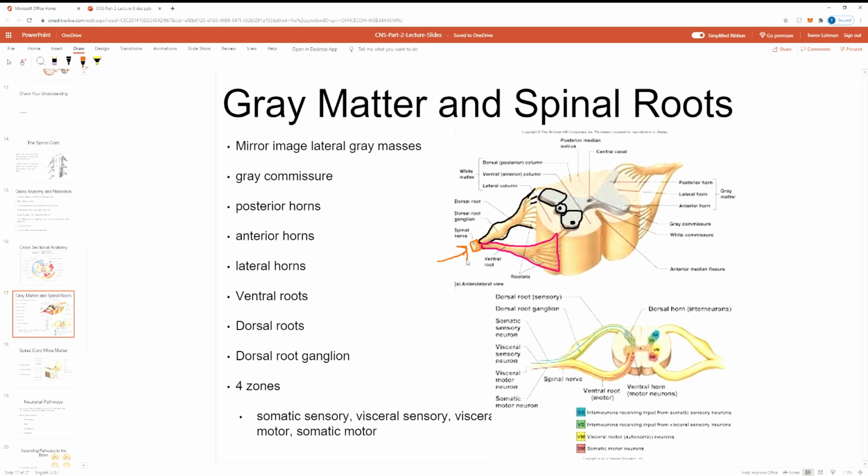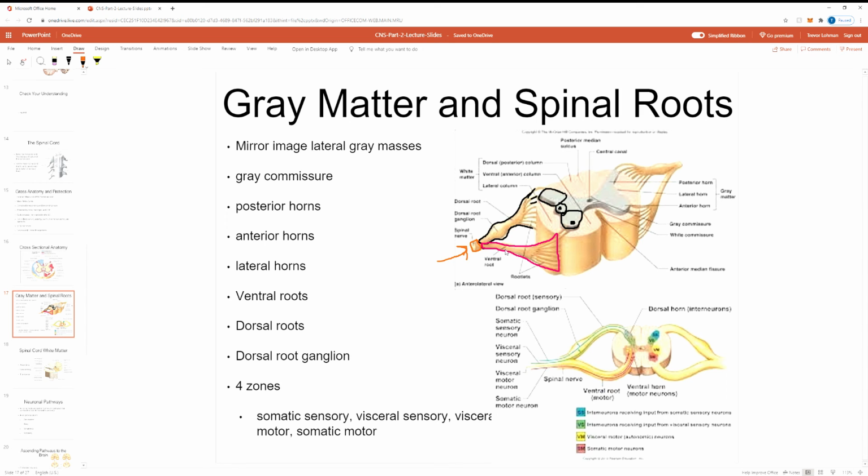So try to keep that separate. Those are all technically correct terms, everything I just said. So you can call this spinal nerve or nerve root in lab when we talk about the brachial plexus. These two are always called roots, though. So anterior root, posterior root, or ventral root and dorsal root.